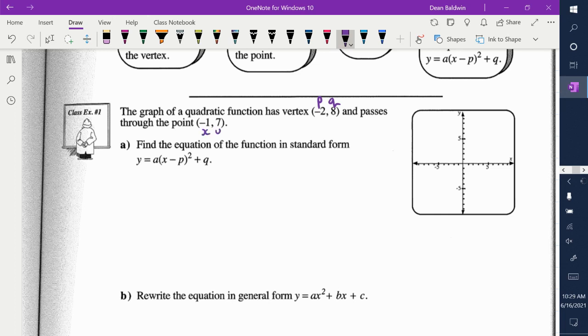There's your x and your y. Plug it into the equation. 7 is equal to a(-1 minus -2) squared plus 8. I'll let you solve that, and then I'll put the answer up.